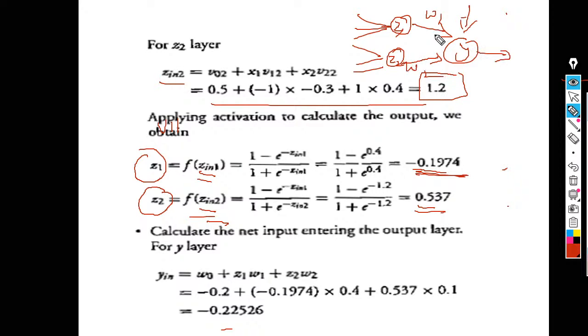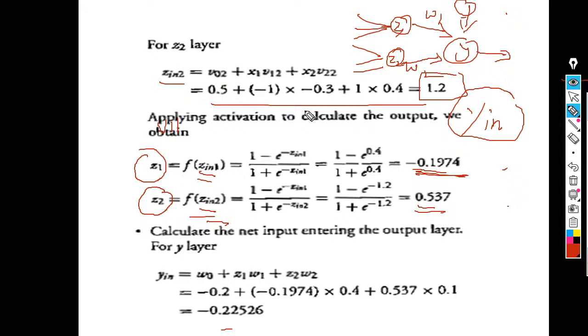So we got the z1 output and the z2 output. Now z1 multiplied by w1 plus z2 multiplied by w2 plus this particular bias will give you the total net input at y, which will be represented as yin.